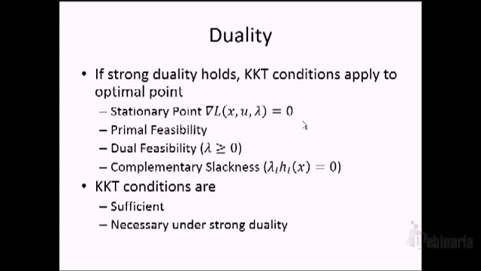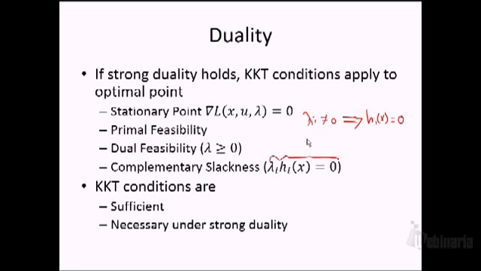Another condition is complementary slackness. This complementary slackness applies to inequality constraints and basically tells you that if lambda i is not equal to 0, then h_i of x is equal to 0. That means if the Lagrange multiplier is not 0, then the corresponding inequality constraint is barely satisfied.